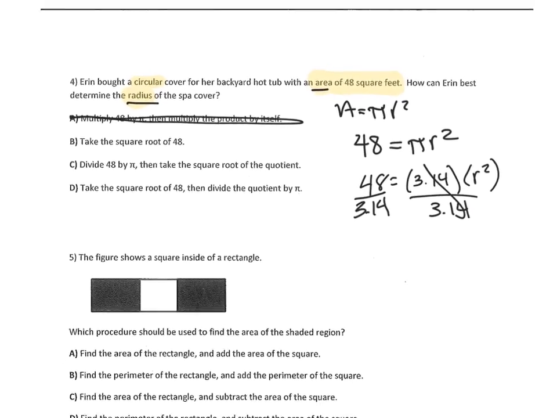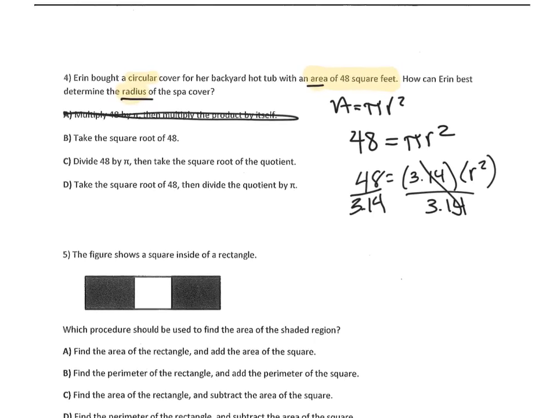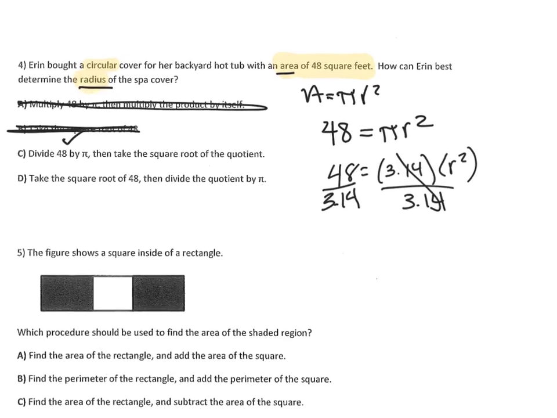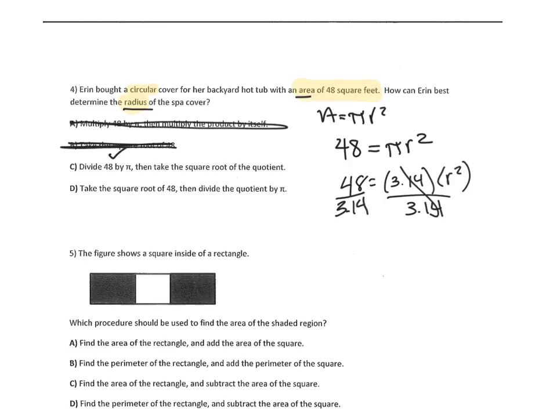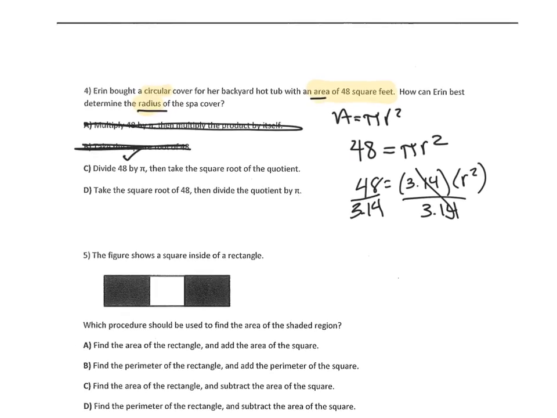That's close, but it's leaving off the whole pi part. So it can't be B. C says divide 48 by pi, which we said we needed to do. Then take the square root of the quotient. That would be true, because r is squared. If we wanted just r, we would have to find the square root of it. Should be C.